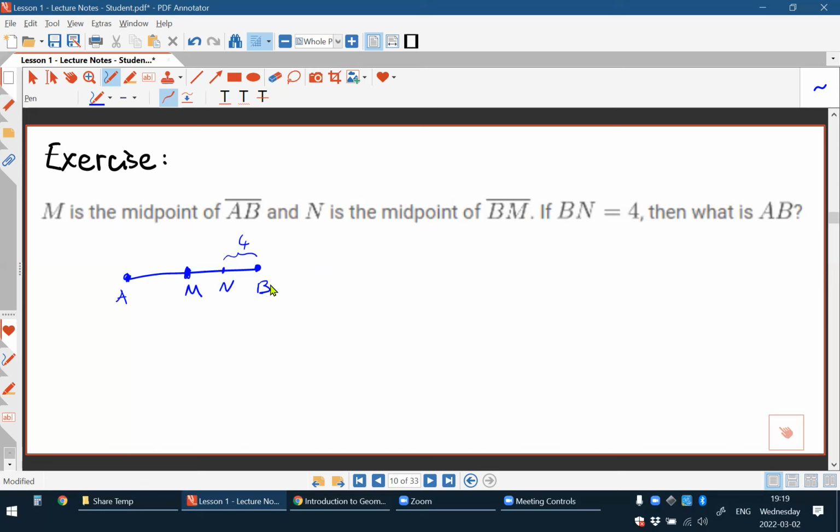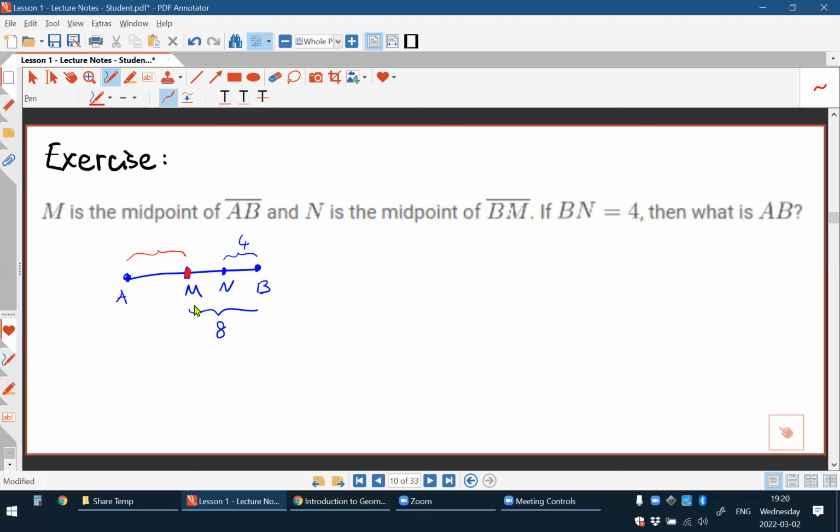It's 8. 8 or 16. So if NB is 4, what is MB? MB is 8, right? Because N is the midpoint of the segment MB, right? Can you follow me? Yeah. And because M is the midpoint of AB, what is AM?